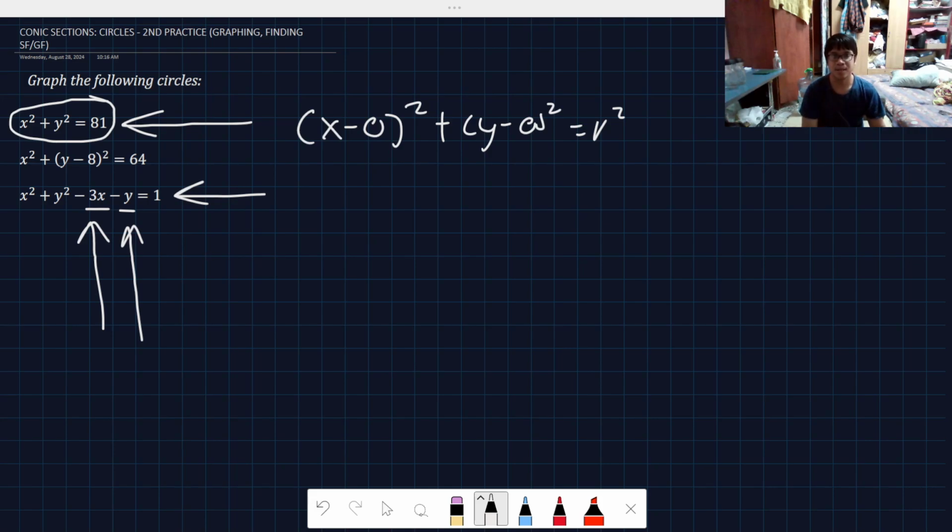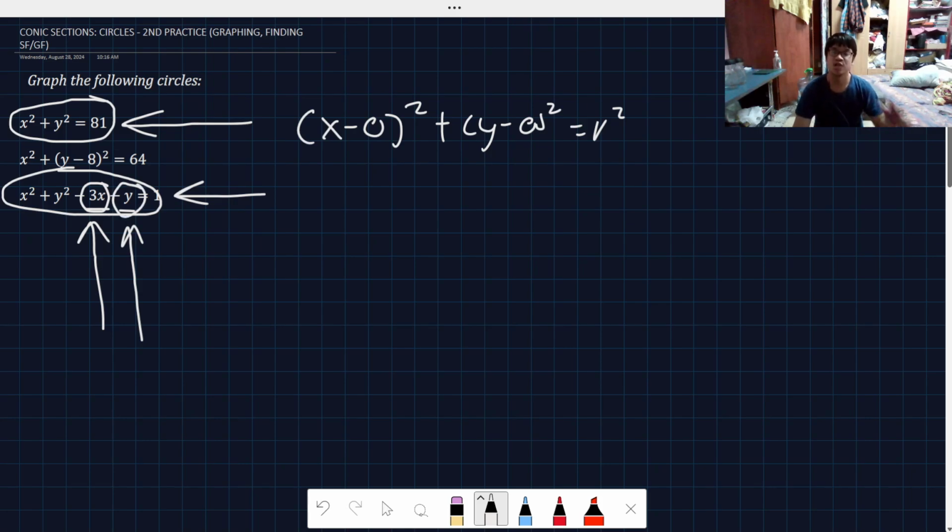It implies that this one here is not in standard form. Because if it is in standard form, expect that your circle would look like this exactly.